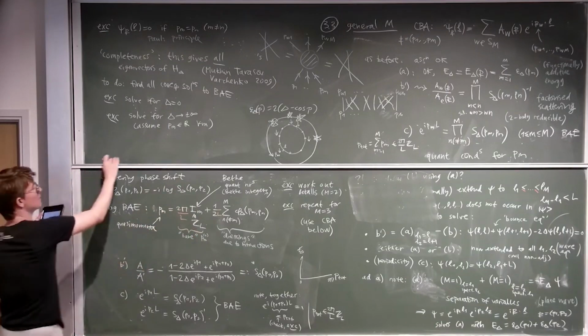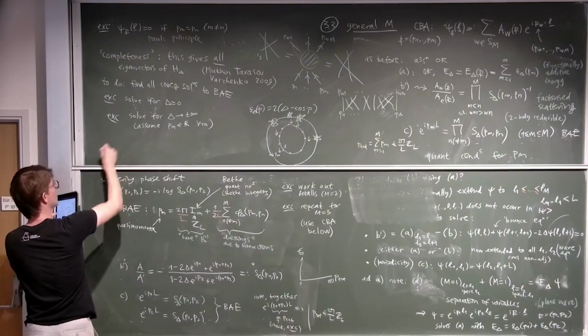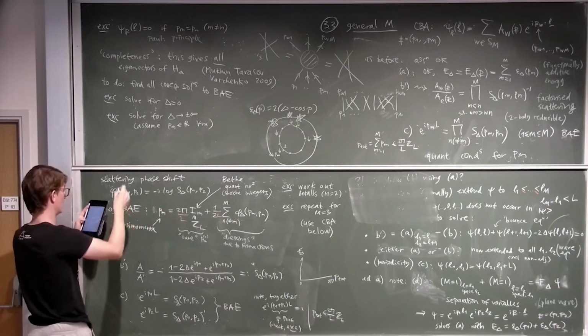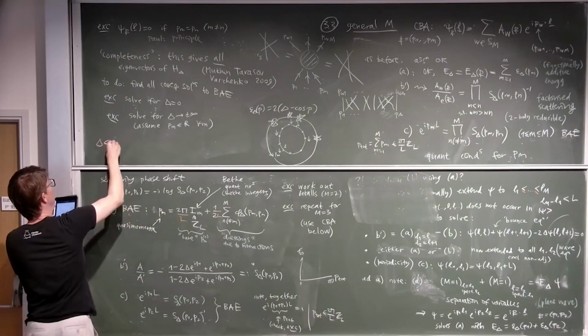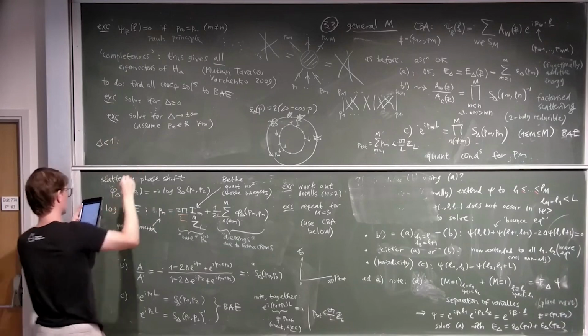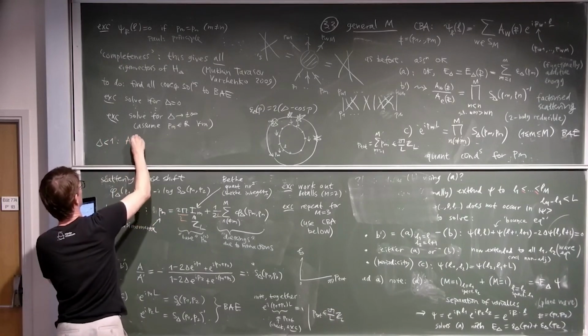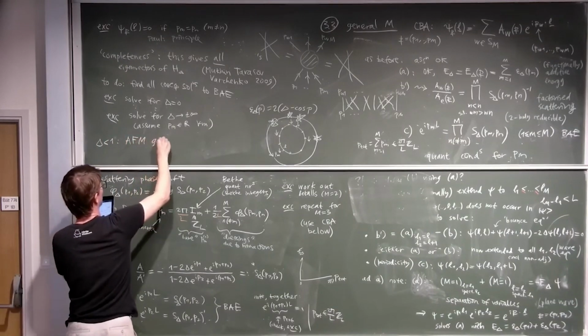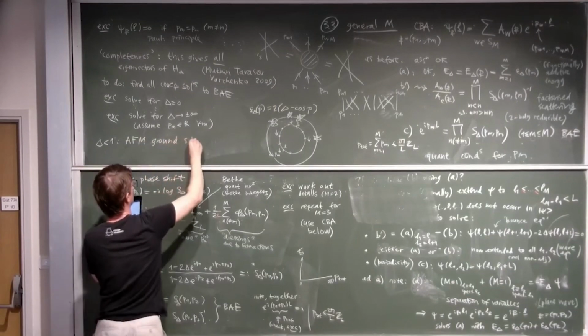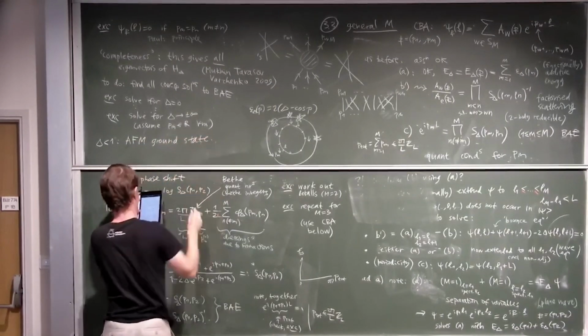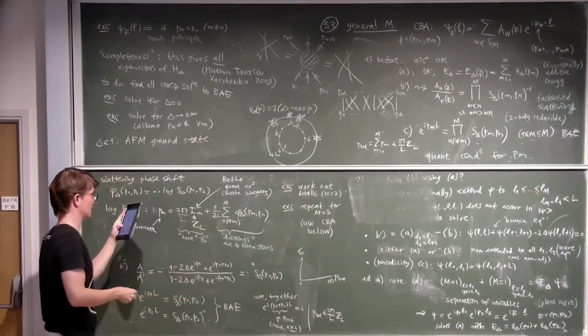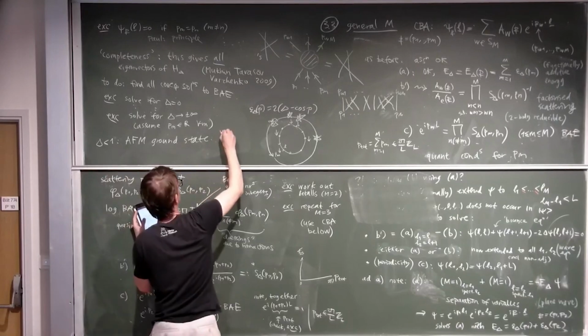But what is extremely nice is the following fact. It is kind of physical, so it gives nice information. If delta is smaller than 1, then the antiferromagnetic ground state, this is work of Yang and Yang from 66. I guess I should also write them down.